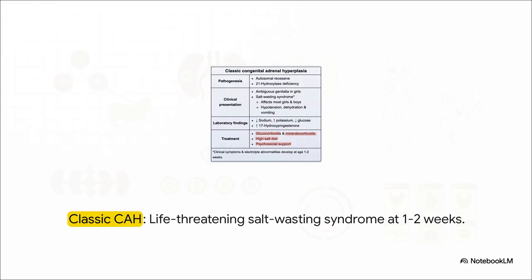A massive red flag for classic CAH: boys might look completely normal at birth, but then they develop a life-threatening salt-wasting crisis around 1 to 2 weeks of age. They'll present with hypotension, dehydration, vomiting, hyponatremia, hyperkalemia, hypoglycemia, and shock. Labs will show high 17-hydroxyprogesterone. You have to treat this immediately with both glucocorticoids and mineralocorticoids.